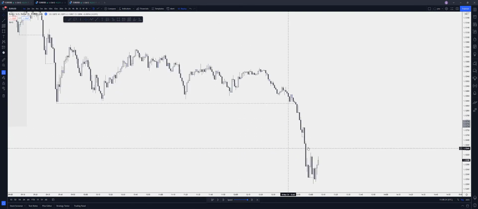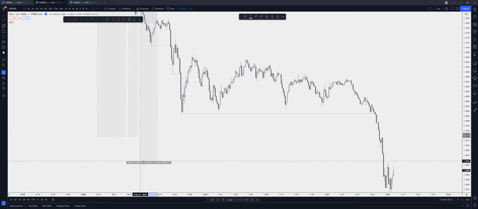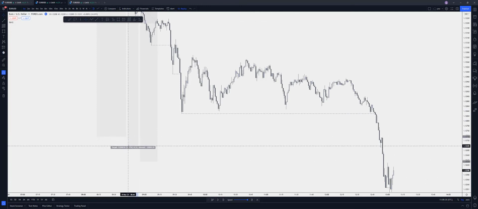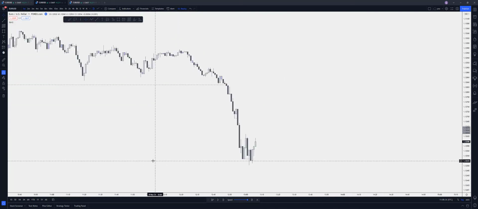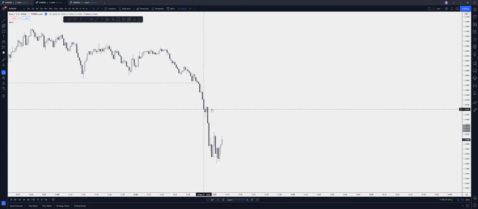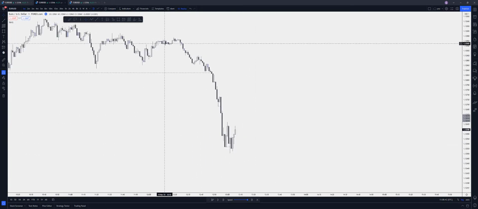So we'd lock price above this high. Okay, so obviously we'd have looked for an entry here, wouldn't have got it, and we could look for an entry on this one.